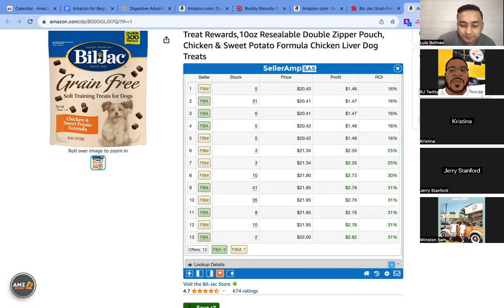Or do you just look at the whole seller count and say, no, that's too much? A little bit of both. For this one, I'm looking at everyone just because they're priced pretty close to each other, like 20, 21, 22. So for this example, I'm looking at the whole thing.